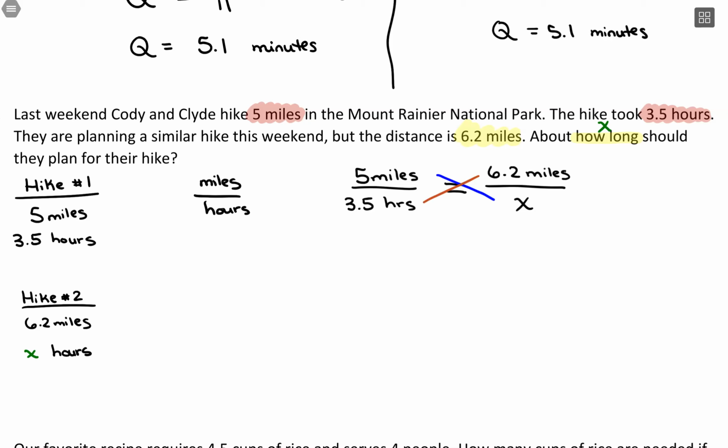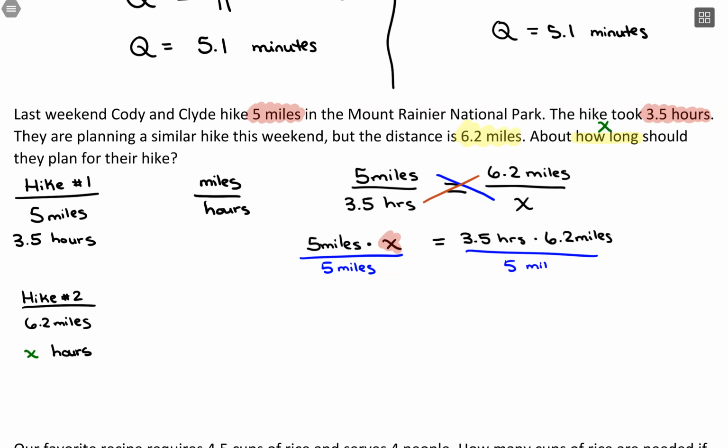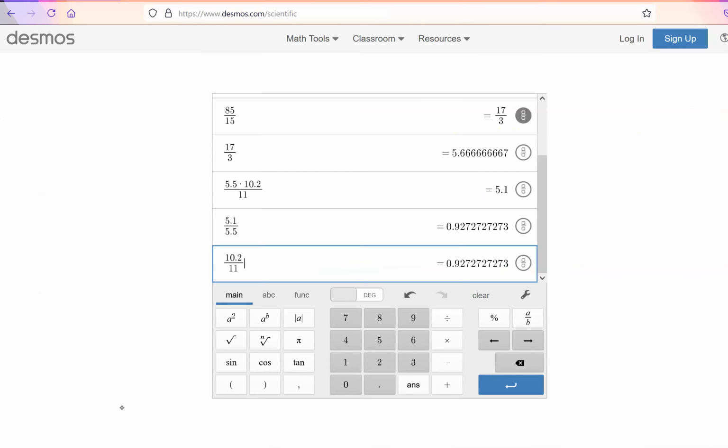So we're going to have 5 miles times X equals, and then 3.5 hours times 6.2 miles. And then since I'm solving for X here, I just need to divide both sides by 5 miles. So I'm going to have my variable X equals, numerically, I'm taking 3.5. Let's go to the calculator here.